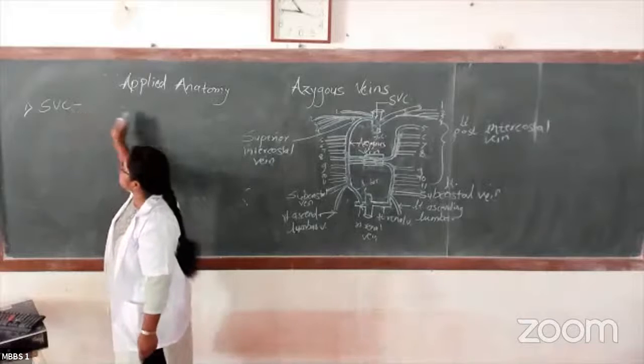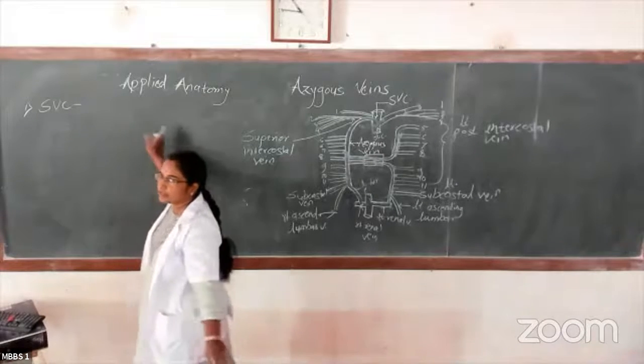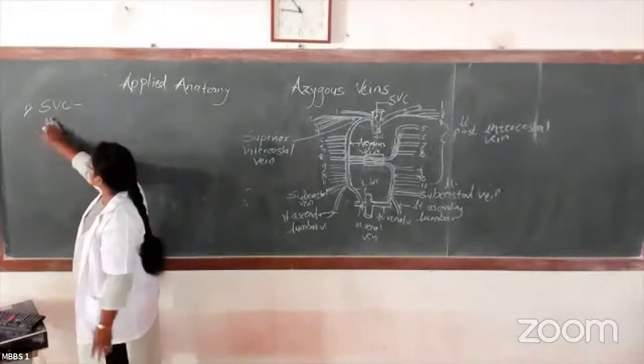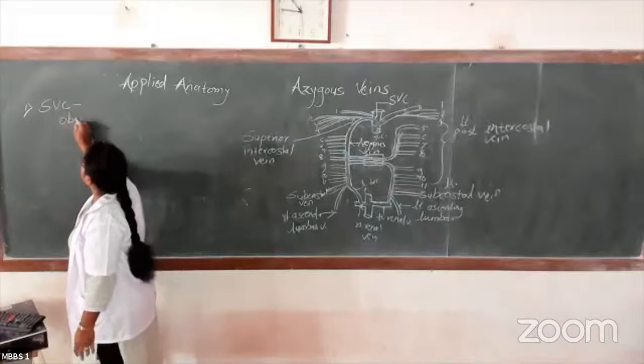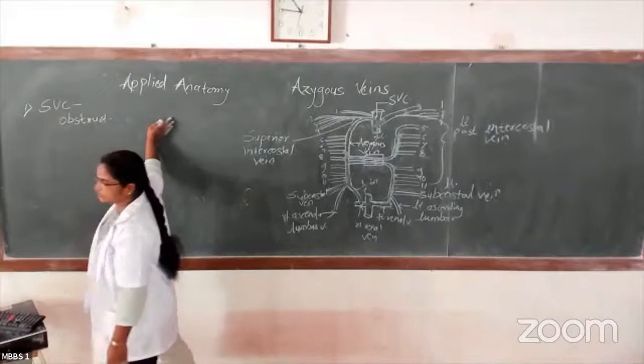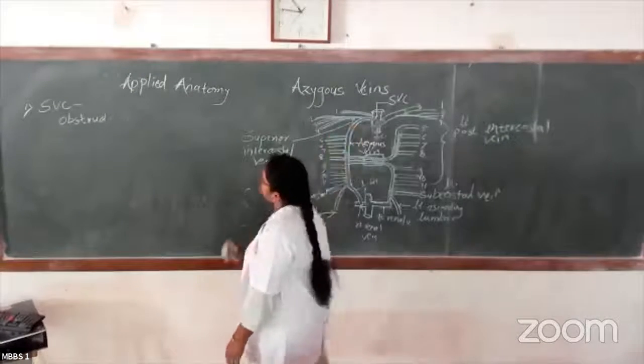Right atrium, yes. So this venous blood is returned to the right atrium through this azygous vein. So in the obstruction of the superior vena cava before the opening of this azygous vein, the venous blood is returned through this azygous vein.